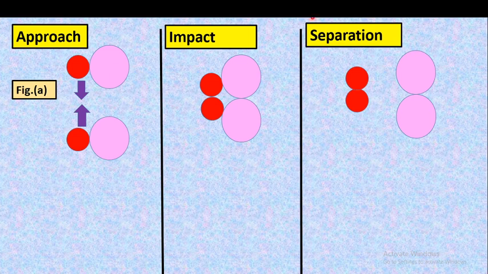This figure 1a shows that the two HI molecules are properly oriented, one approaching the other. The collision between these two HI molecules leads to the breaking of the hydrogen-iodine bond in each molecule. So the hydrogen and iodine bond breaks here, and here also.